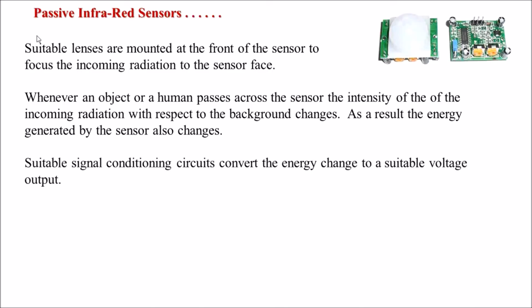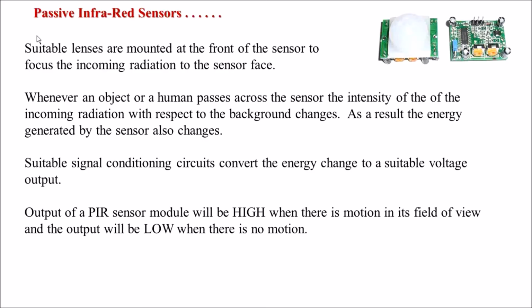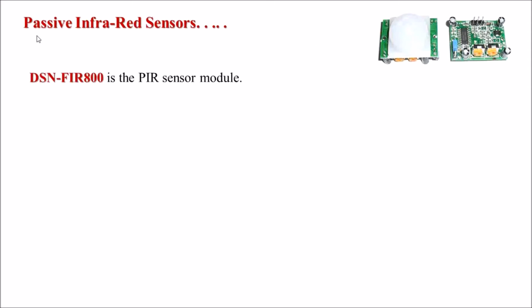A suitable signal conditioning circuit converts the energy change to a suitable voltage output. The output of the PIR sensor module will be high when there is motion and low when there is no motion. So these sensors are widely used in motion detecting devices.